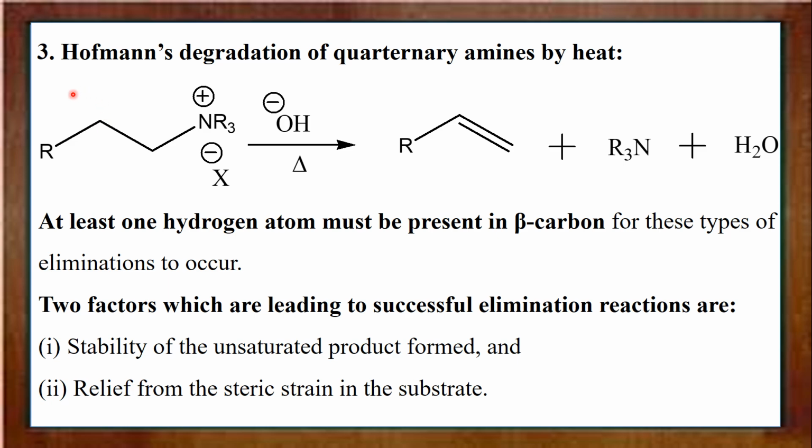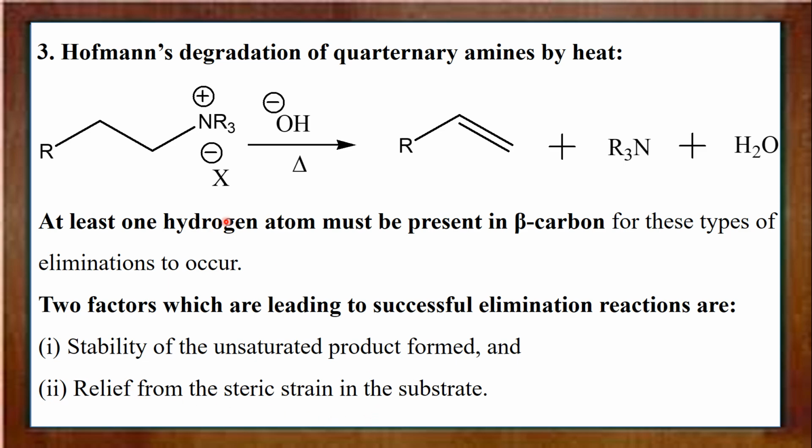So the bond angle goes from 109 degrees 28 minutes to 120 degrees, and there is some relief from angular strain. The two factors leading to successful elimination reactions of this type are, number one, the stability of the unsaturated product generated, normally an alkene, and number two, the extent to which there is removal of angular strain or steric strain taking place.